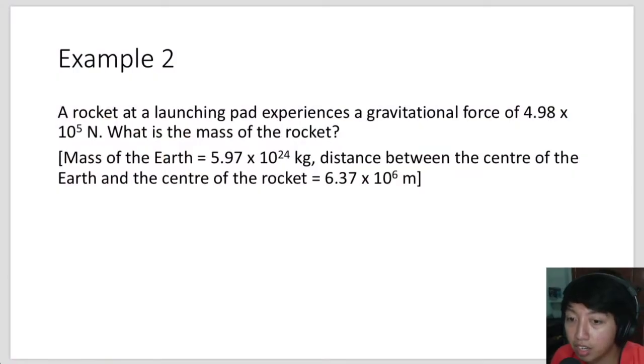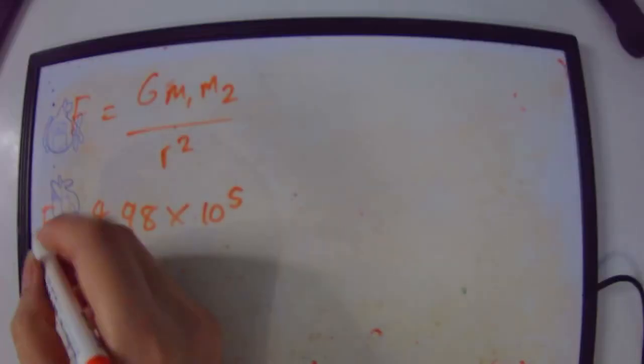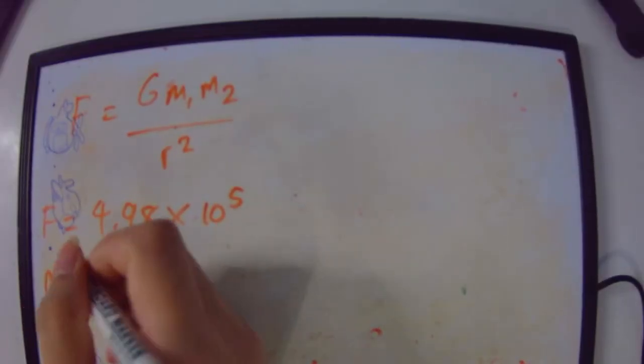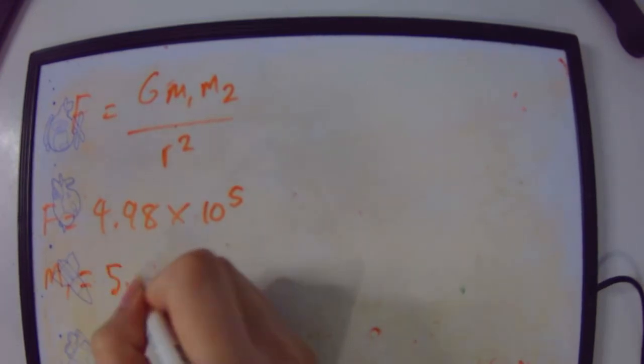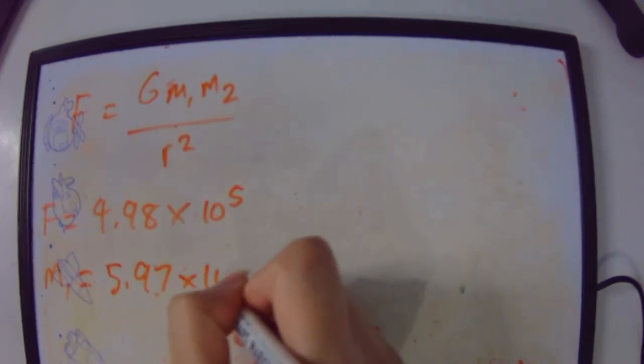And then, mass of the Earth. So let's make Earth M1 this time. So mass of the Earth is 5.97 times 10 to the power of 24. And the distance is also given.